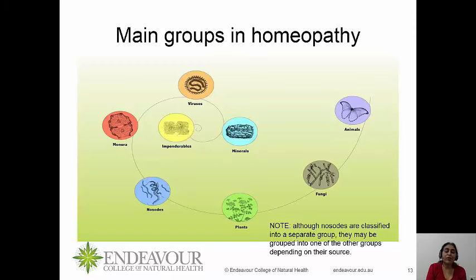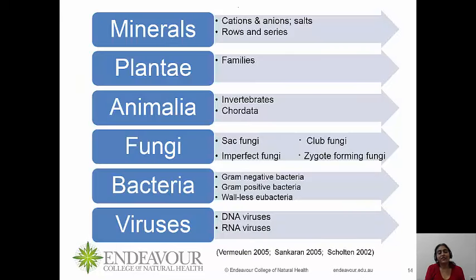So depending on which diseased organism it's sourced from, they can either put it under animals or plants or fungi.